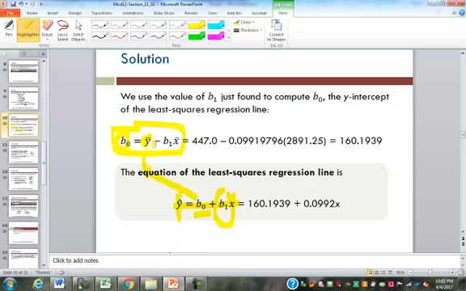So it's y bar minus b1 times x bar. So y bar was 447 minus b1, which we just found to be 0.099, times x bar, which was 2891.25. That gives us 160.193. So our regression equation here becomes 160.193 plus 0.0992x.